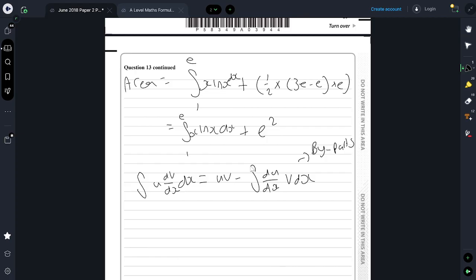So we have a product, but the question is, what do we let u and v be? So we need to integrate v, because obviously v integrates here, and we need to differentiate u. Well, you can integrate ln x, but it's a bit messy. When we have x ln x, we're not integrating ln x. Don't get this confused.